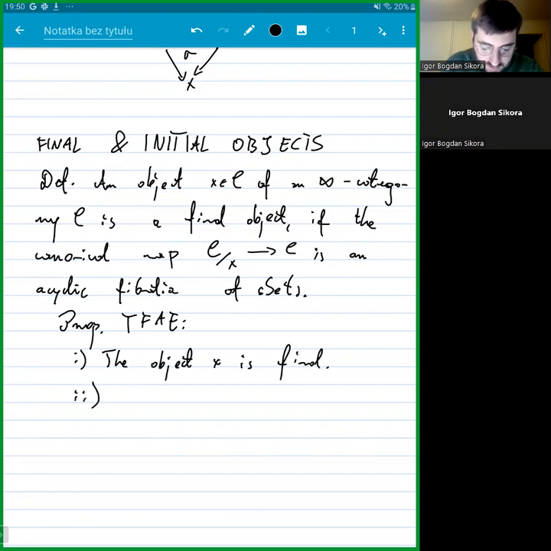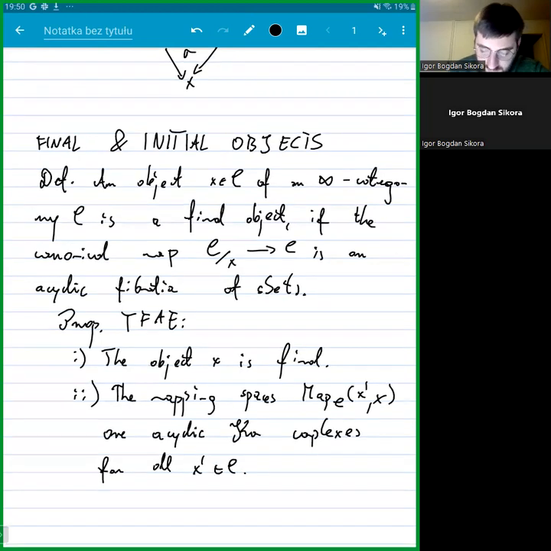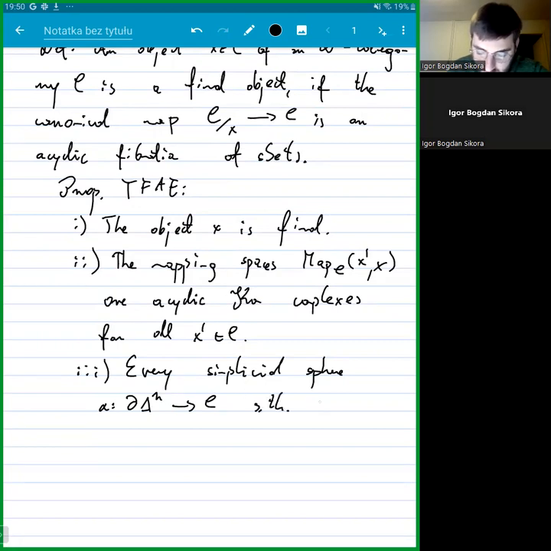Secondly, the mapping spaces, so maps of C from X prime to X, are acyclic Kan complexes for all X prime in C. And the third condition is that every simplicial sphere in C, such that it finishes with X, can be filled to an entire n simplex.